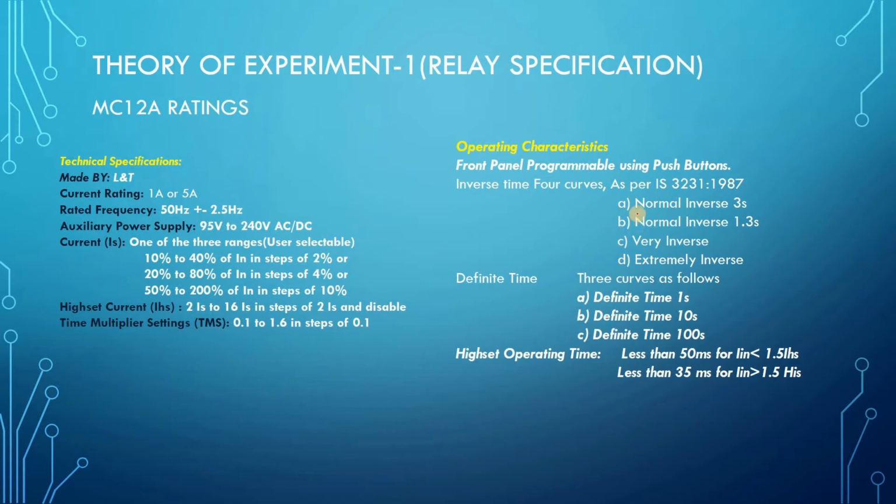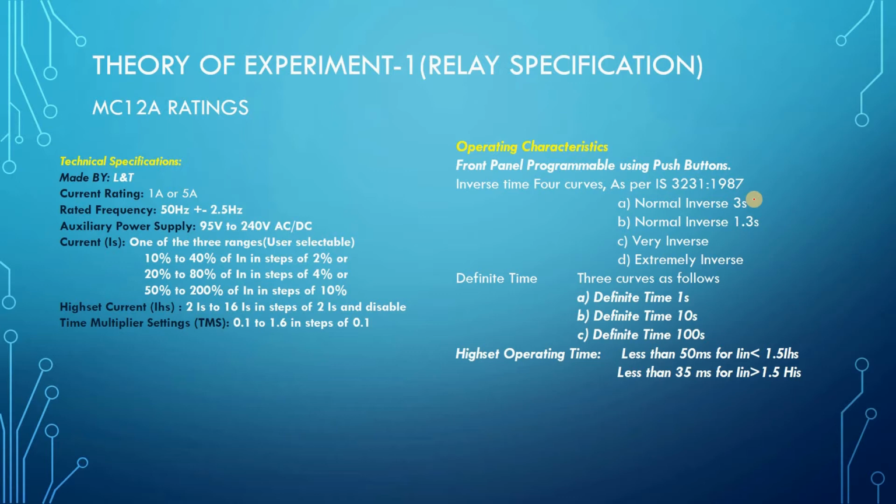First is normal inverse 3 second, normal inverse 1.3 second, very inverse, extreme inverse. In our earlier case, the electromechanical overcurrent relay, as I told you, that is the 3 second characteristic, which means normal inverse 3 second.